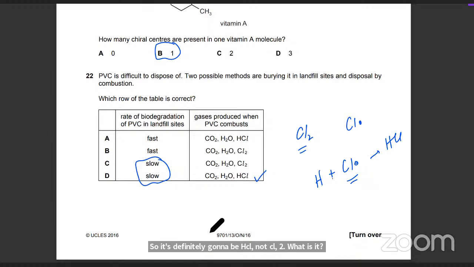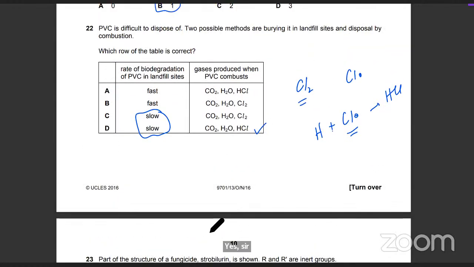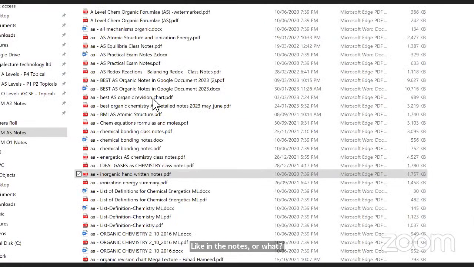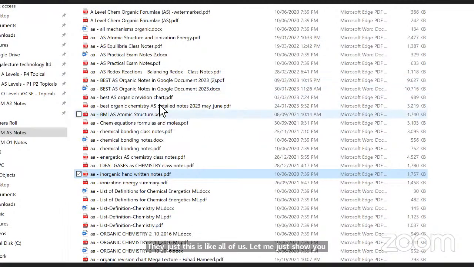Sir, where can I find PVC? Like in the notes, or in the textbook? No, this is all levels. Let me just show you. It's in organic.